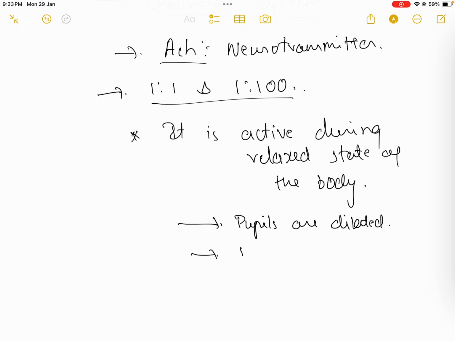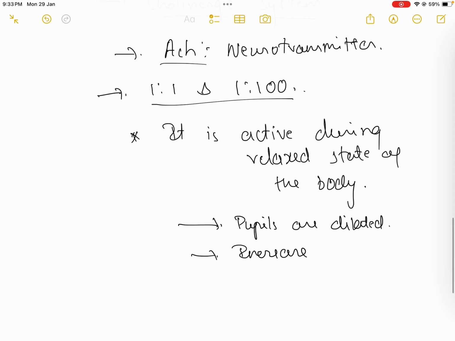There is an increase in saliva and increased secretion in every part of our body, whether salivary glands, sebaceous glands or sweat glands, or even gastric secretions.